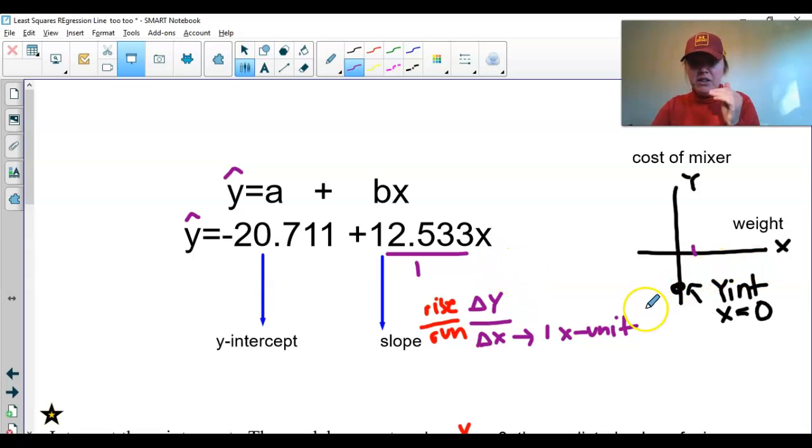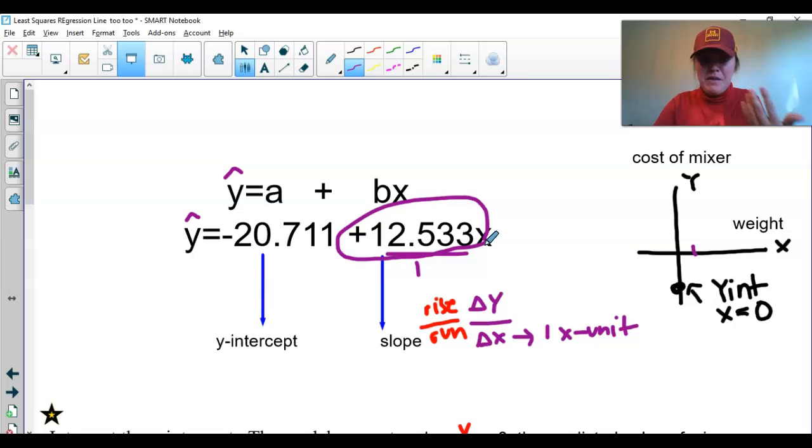As I increase the weight of the mixer by 1 pound, what's happening to the cost of the mixer? It's going up by approximately $12.53. So as I'm running 1 pound, my cost of my mixer is going up by about $12.53.